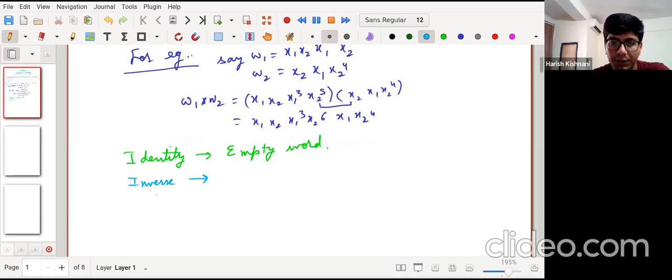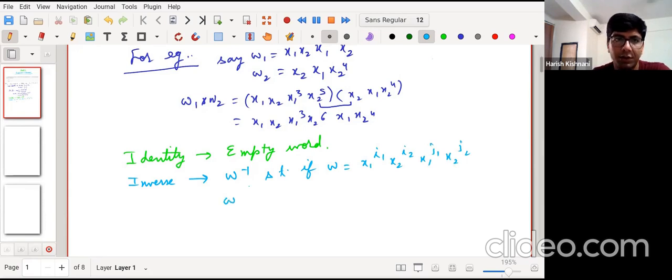So inverse is your W inverse, such that if your W is say x1 to the I1, x2 to the I2, x1 to the J1, x2 to the J2, then, I'm just working with some examples, although I know you already know this.